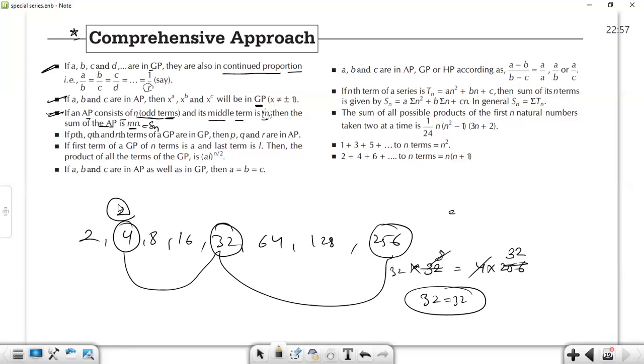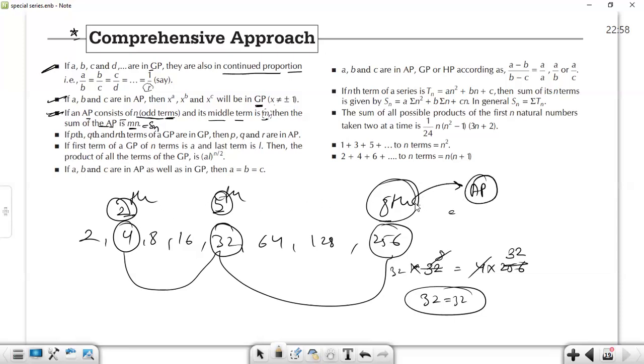Now this is the second term, this is the 5th term, this is the 8th term. So now if the second, 5th, and 8th terms of a GP are in GP, then 2, 5, 8 have to be in AP. So is it so?